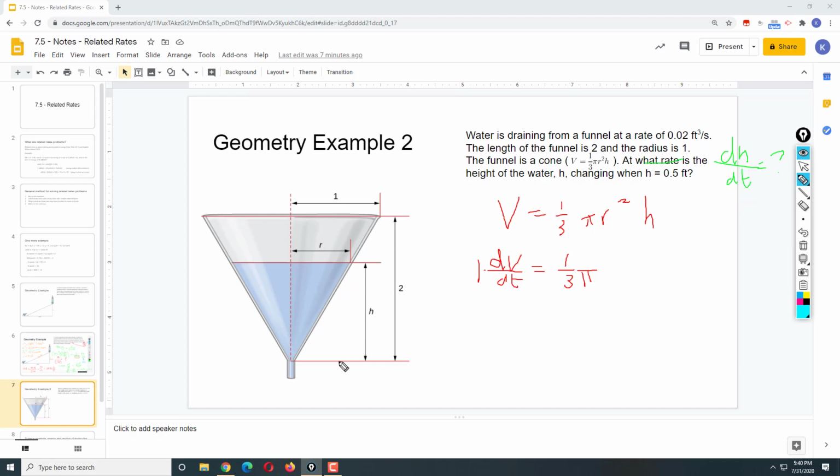These are similar triangles, so the radius is height over 2. So we can replace r with h over 2, squared. I should do that up here, so I'm going to erase the r and replace it with h over 2 squared.